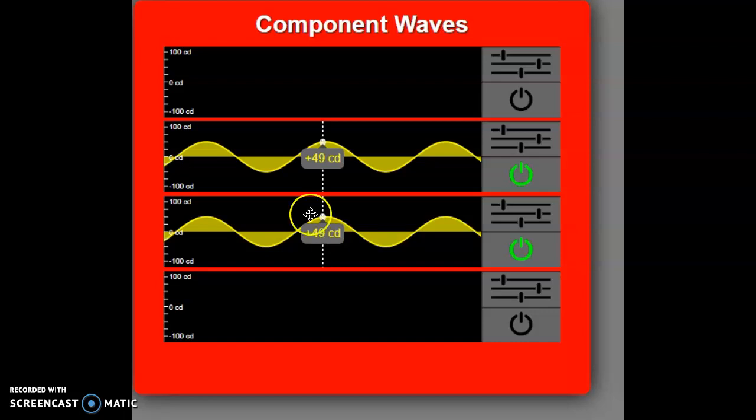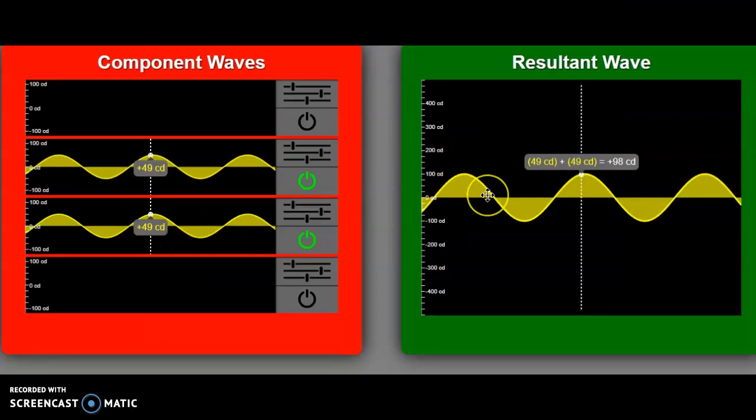We call this in phase because they have the same wavelength and the same direction, overlapping top on top, and previously bottom on bottom. So what do you expect as a resultant wave? Calculate by yourself and see it with me now. We have the resultant waves. We have top and top, 49 in each. We add them together and end up with 98 centimeters.